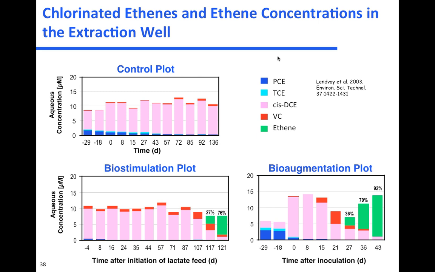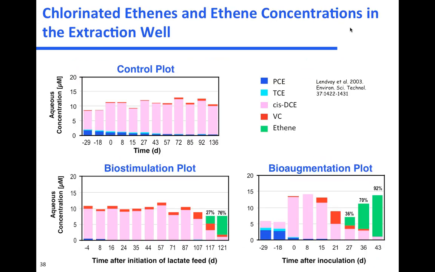The next slide shows the results. In a control plot, the contaminant cis-dichloroethene was not removed. Very little happened. In the plot that was amended with lactate as an electron donor, you see that after about 6 weeks, ethene was formed and cis-dichloroethene was dechlorinated. On the right-hand side, you see the bioaugmentation plot.